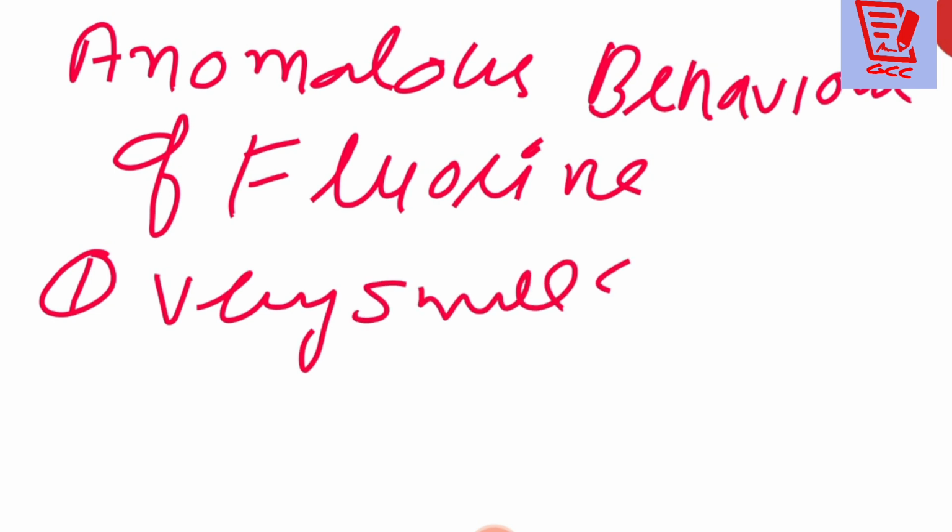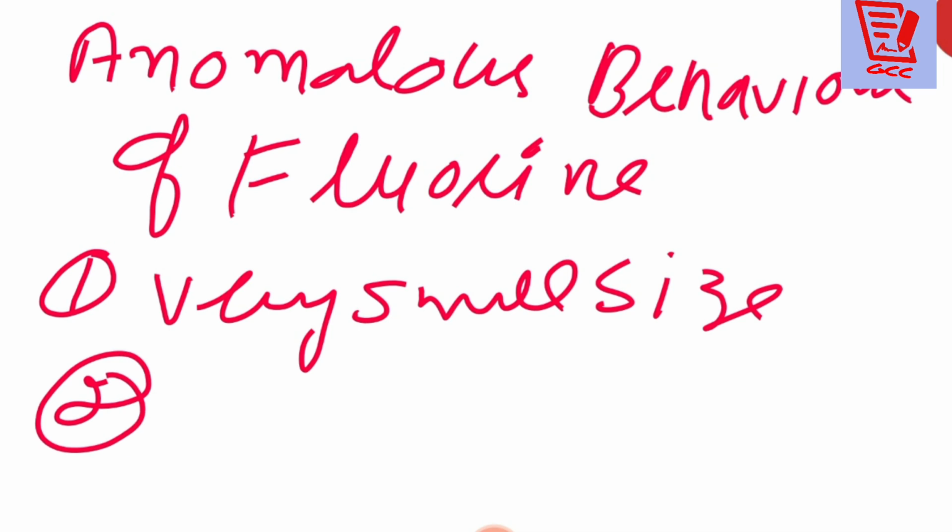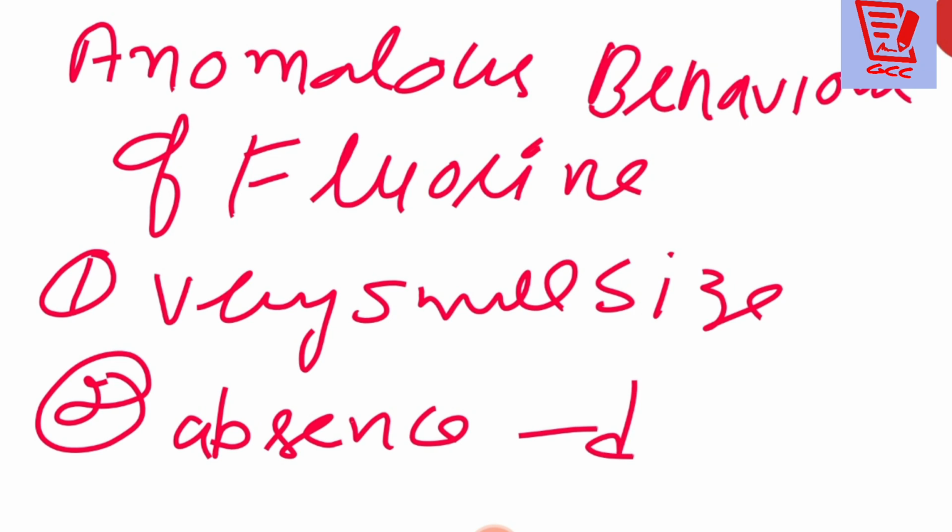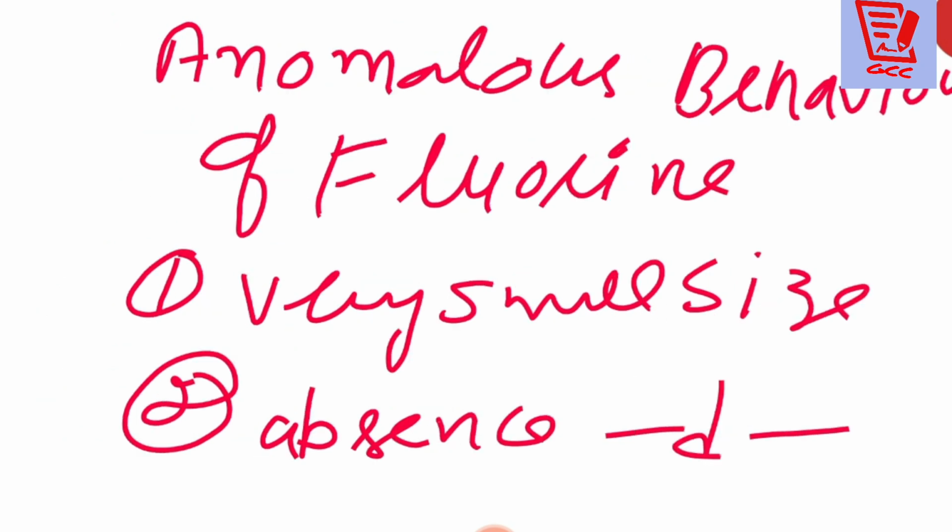Number one, fluorine usually has very small size. I think everybody knows. Second point we can give is absence of vacant d orbital, and third point we can give is high electronegativity.